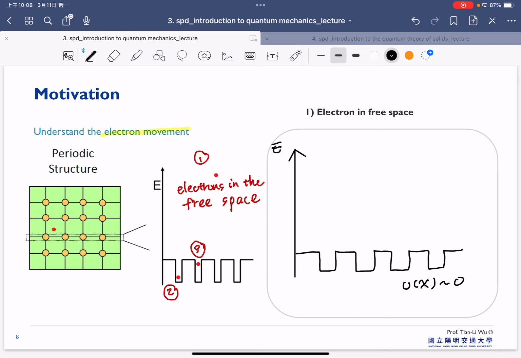So in this case, our electrons move in the free space. So that's the first case.